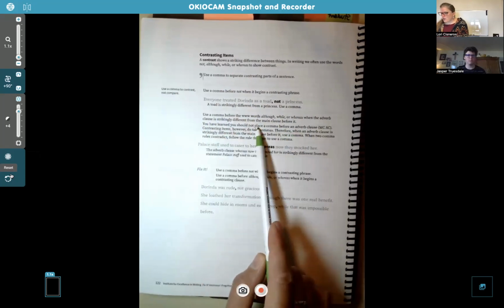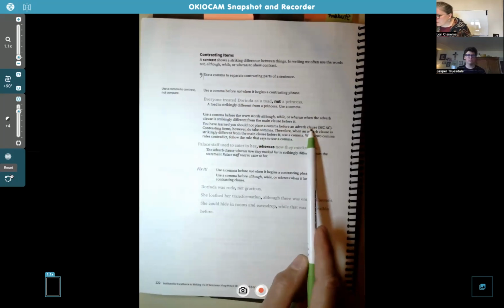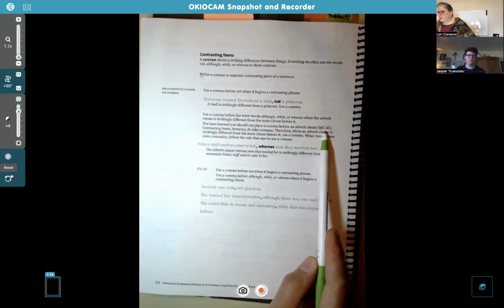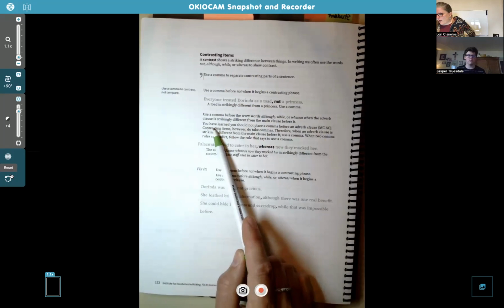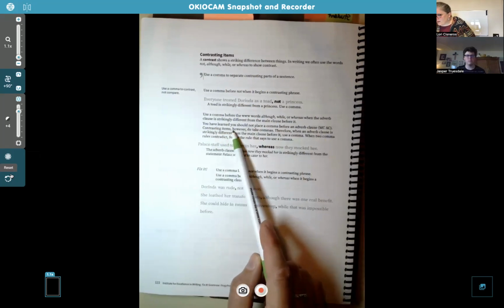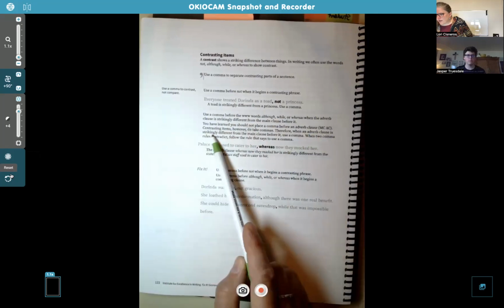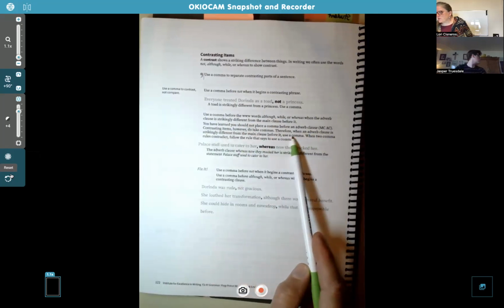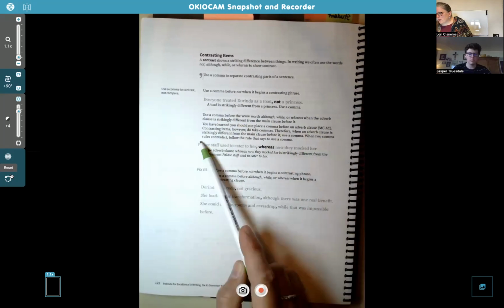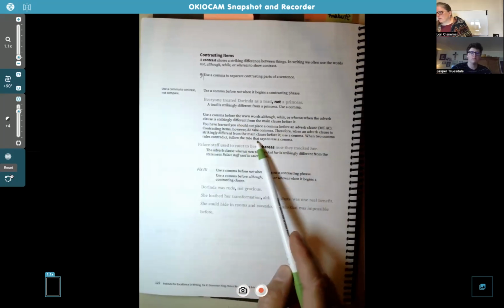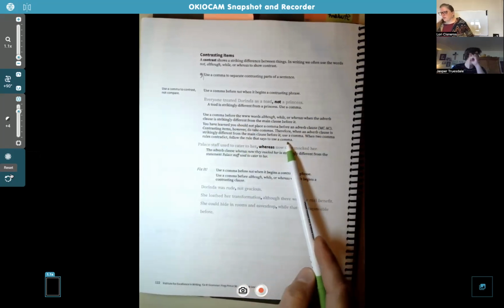You have learned you should not place a comma before an adverb clause. So MC, AC. You have contrasting items, however, do take commas. Therefore, when an adverb clause is strikingly different from the main clause before it, use a comma. When the two comma rules contradict, follow the rule that says to use a comma.